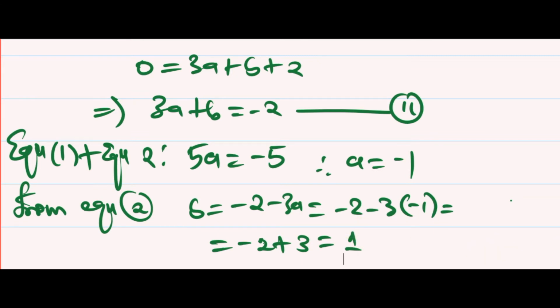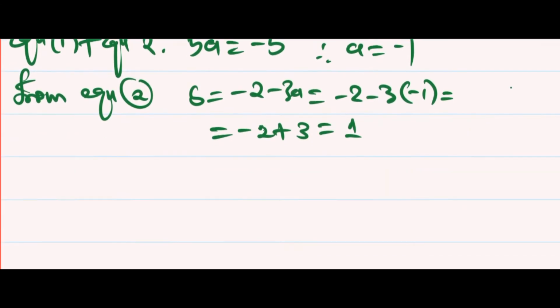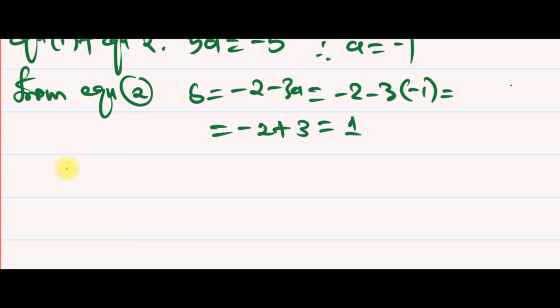So that's it, our b is 1. Therefore, our quadratic function is y equals, a is what? Minus 1. So minus x squared plus b, and b is 1, plus x, and plus 6. So that's our quadratic function.